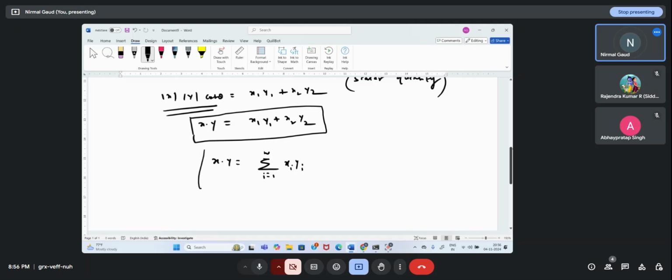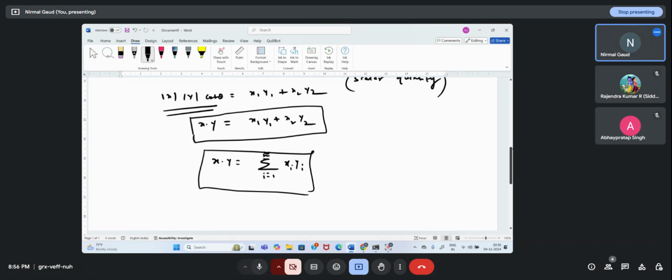That's what I can write. It's a generalized formula. Okay, fine. So what we have seen so far is the basics of vectors.